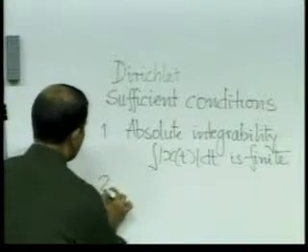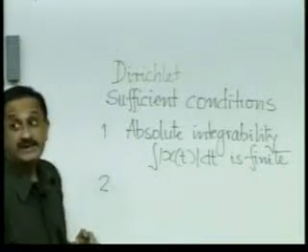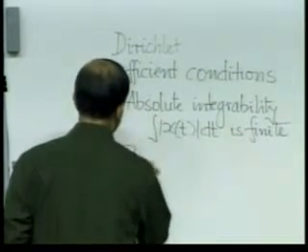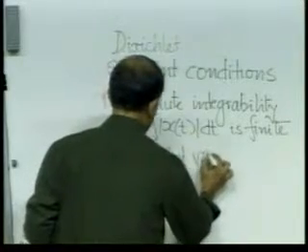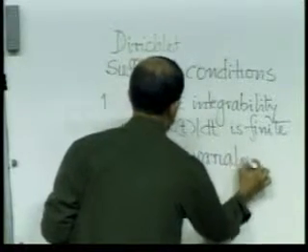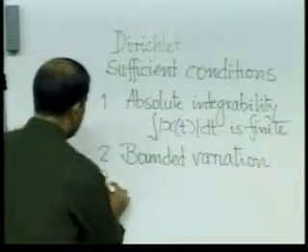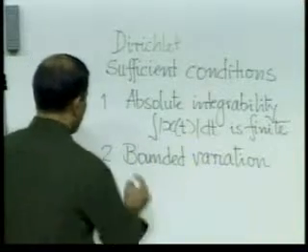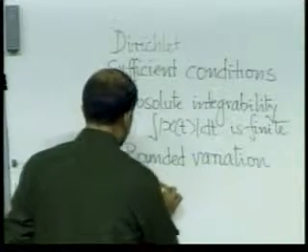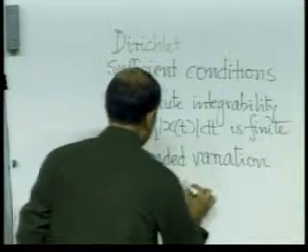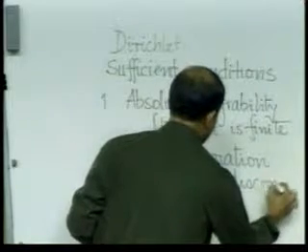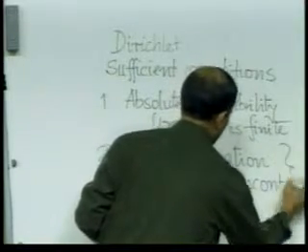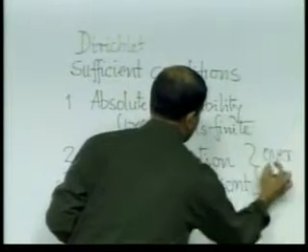Condition number 2, bounded variation. I will explain what that means. And condition number 3, finite discontinuities, a finite number of discontinuities over finite intervals.